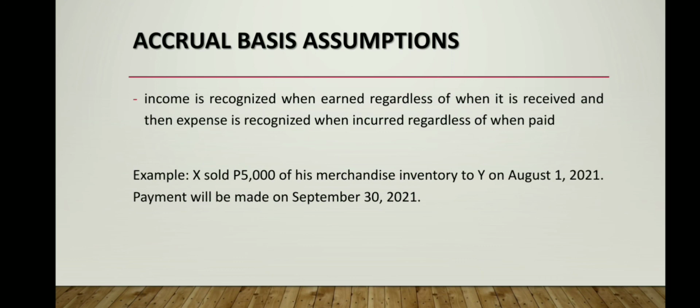Here, revenue is recognized or recorded on August 1, 2021 because this is the date when revenue is actually earned. Take note again, income is considered earned at the point of sale. In this example, the point of sale is on August 1, 2021, and therefore the income is recognized on August 1, 2021.